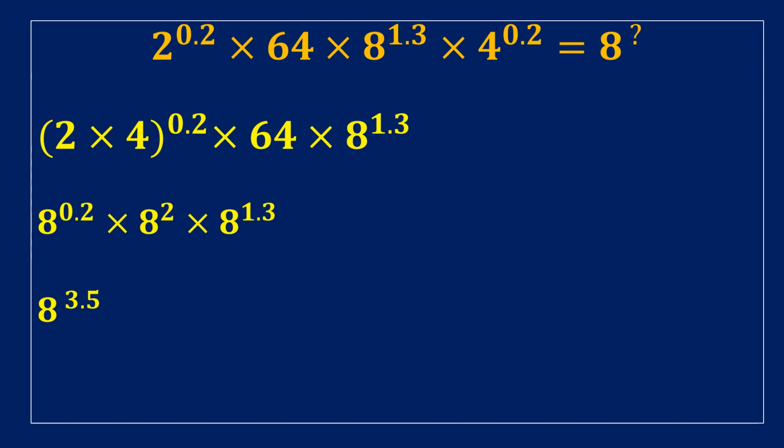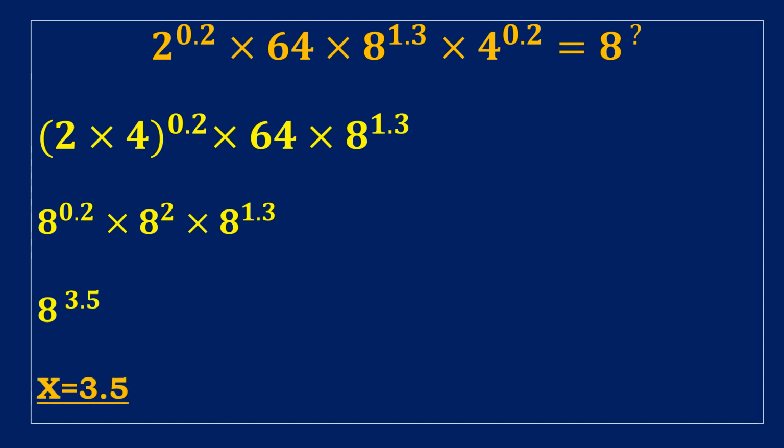If the bases are equal, then add the respective powers. 0.2 plus 2 plus 1.3 is 3.5. That is 8 power 3.5. Comparing the left-hand side value with the right-hand side value, that is 8 power 3.5 equal to 8 power x. So x is equal to 3.5.